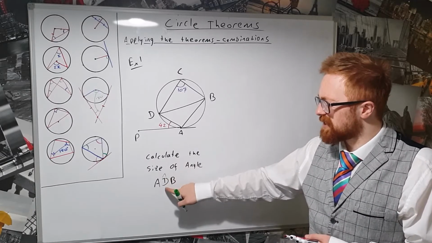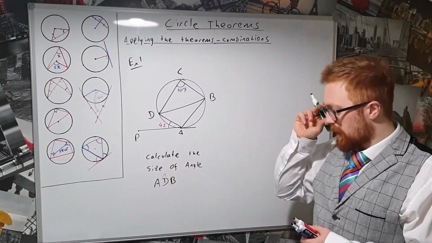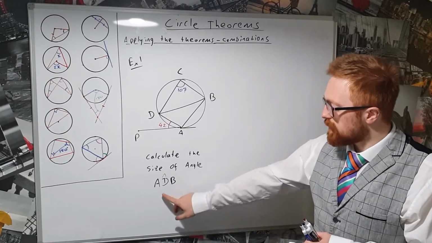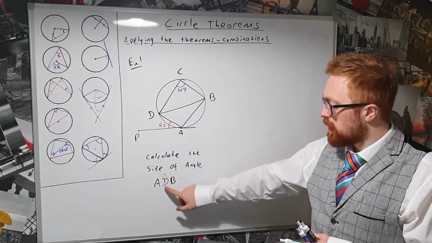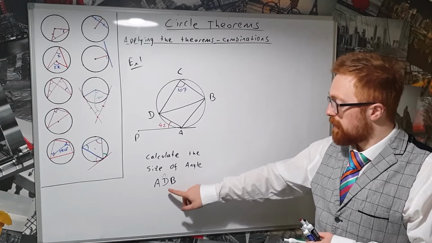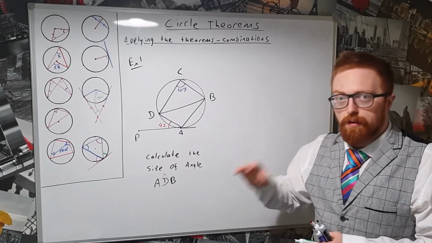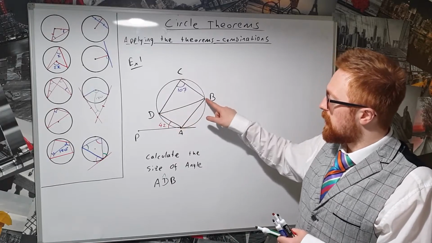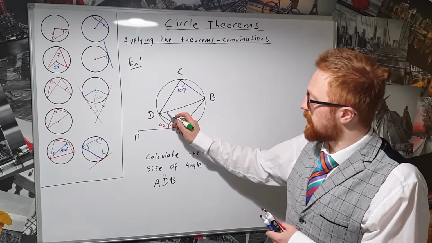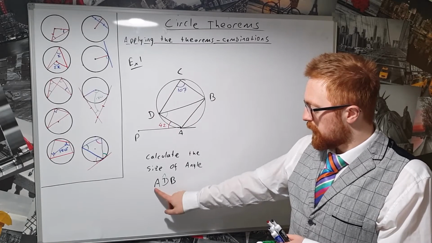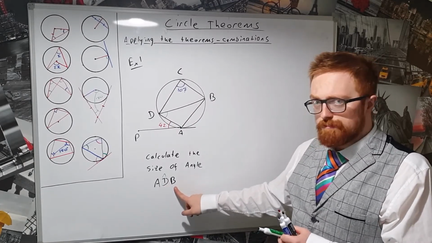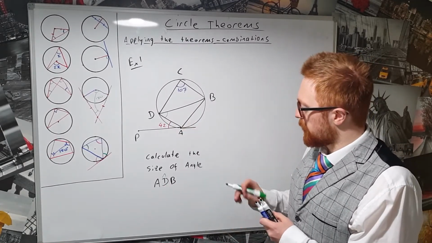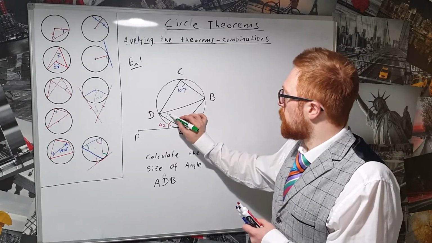So we're after the angle that's at D. And we'll have a look at how we can trace that out. So this means we start at A, we go to D, we end up at B, and it's that angle that we've traced out, and that's the one we're after. So it's this angle here that's between AD and DB. I might just call that X.